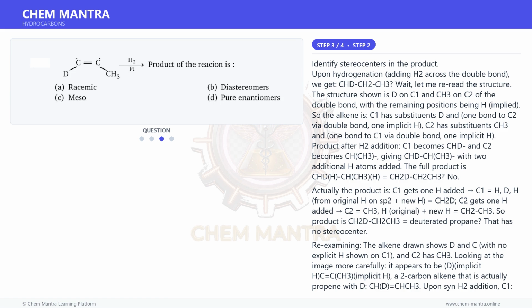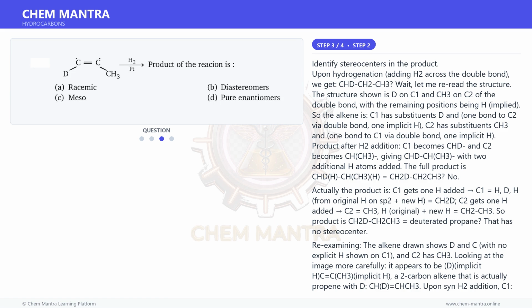Re-examining, the alkene drawn shows D and C, with no explicit H shown on C1, and C2 has CH3. Looking at the image more carefully, it appears to be D, implicit H, C=C, CH3, implicit H, a 3-carbon alkene that is actually propene with D. Upon syn H2 addition, C1 has D, H, plus new H, no stereocenter, has 2 H.